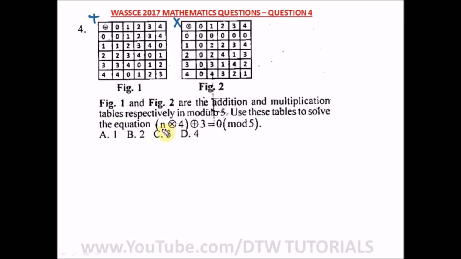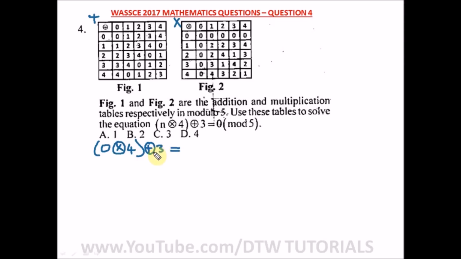So let's start from n as 0, because we have 0 to 4. If n is 0, so we have 0 times 4 plus 3 equal to what?